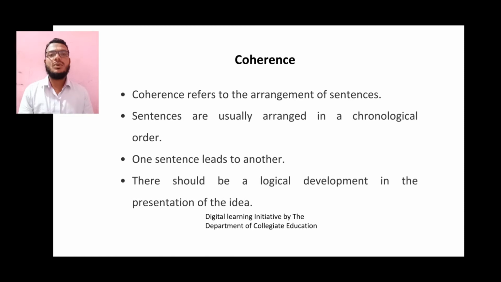And the second one is sentences are usually arranged in chronological order. I was telling you about mobile. When you are speaking about mobile, you can say a mobile is an electronic device, and nowadays it has become very important. It was invented in the year. You have to arrange the sentences in chronological order.